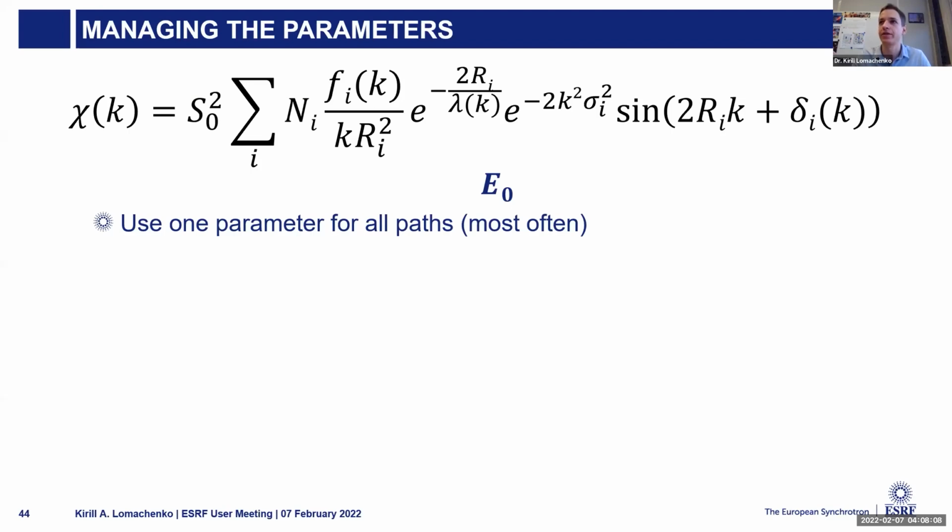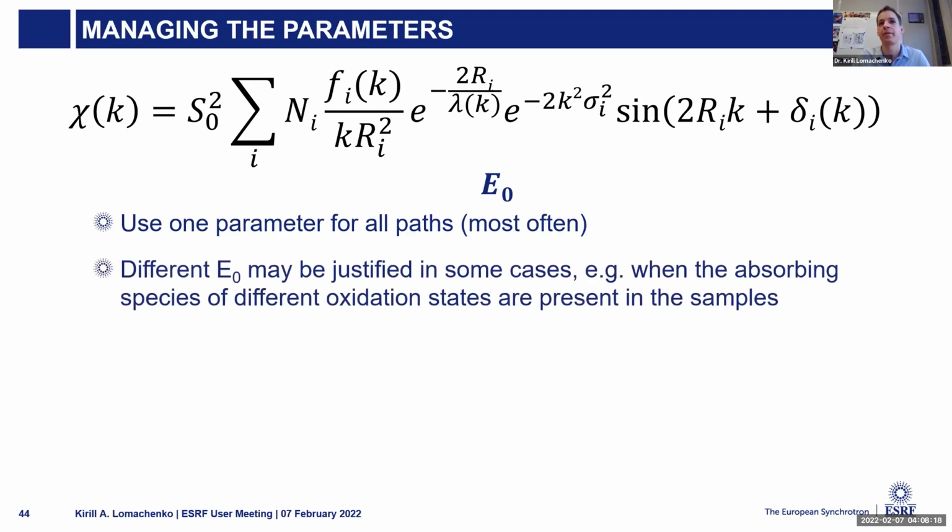But this error is the same for all the scattering paths, so there is no reason to have different E0s for different scattering paths inside the same fit, unless we have some particular cases where the actual spectrum is a combination of the spectra of species with a very large difference in the edge position.